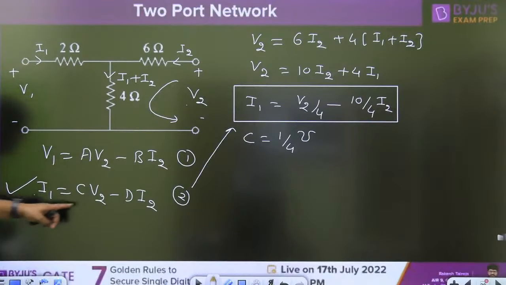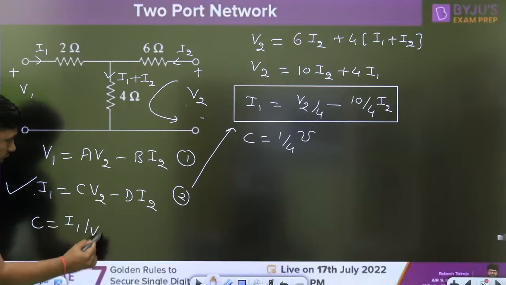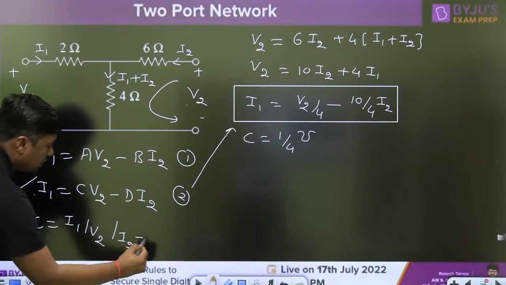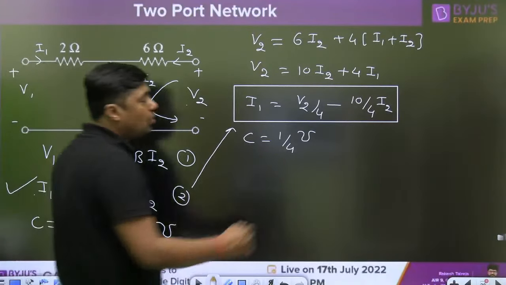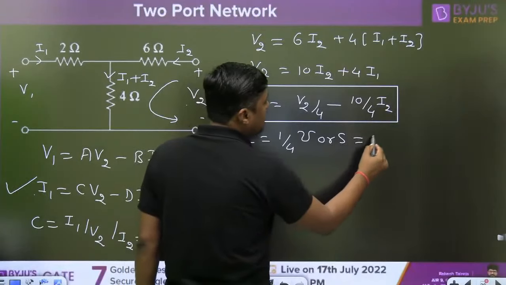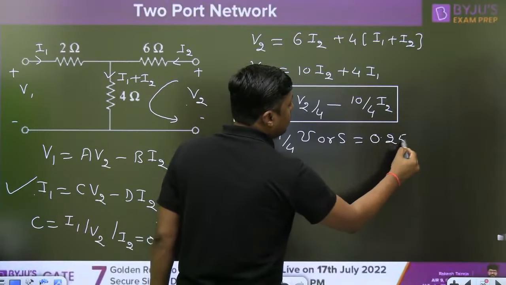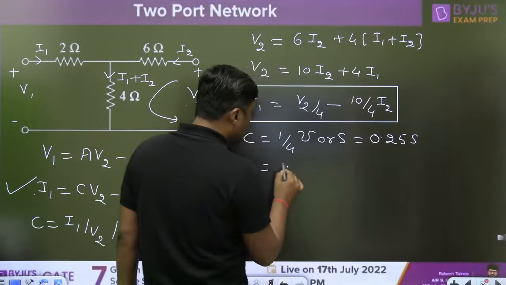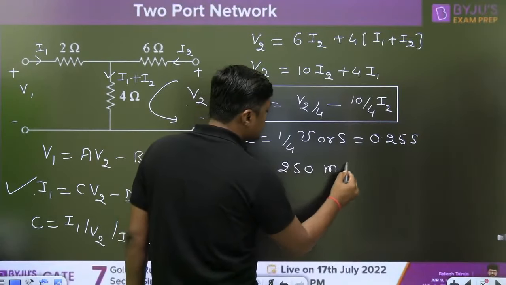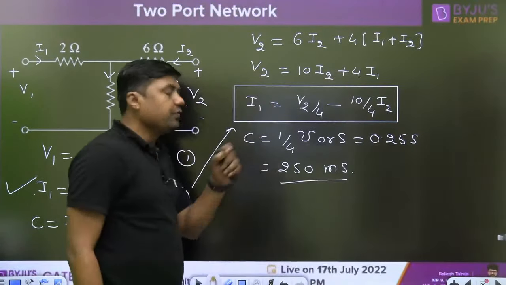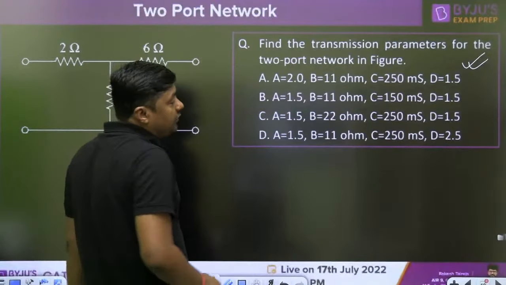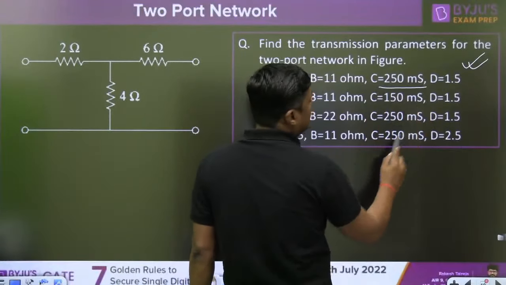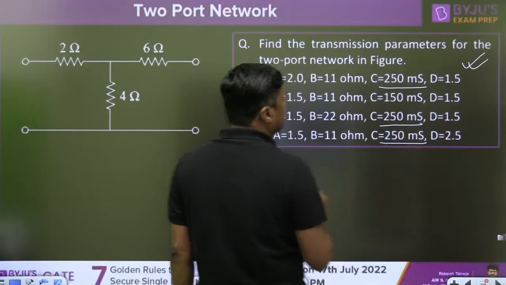C is nothing but I1 by V2 with I2 equal to 0. So what is the unit? Mho or Siemens. So 1 by 4 mho or Siemens, or we can say 0.25 mho or Siemens, or 250 millisiemens. Why am I writing 250 millisiemens? Because the answer is given in terms of millisiemens. Now my dear friends, in this question 250, in this question 250, in this question 250, but B is not the correct one.